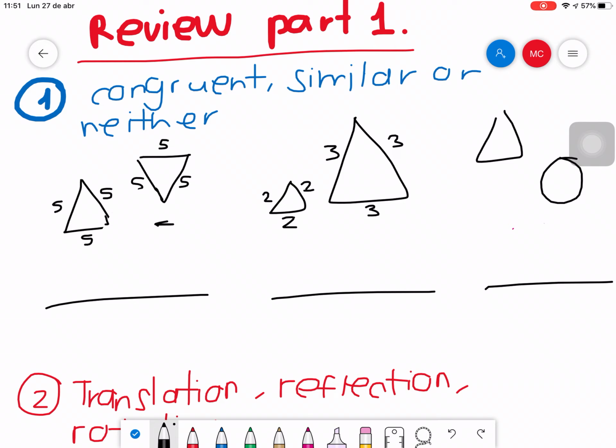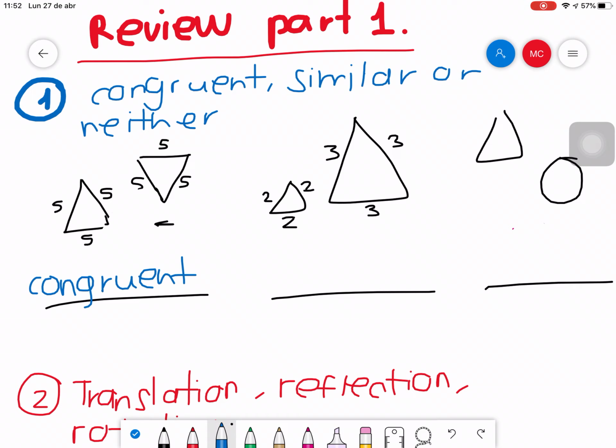If the figures match, if they're exactly the same, then we have two congruent figures, okay? Congruent figures. Why? Because they are exactly the same figure.